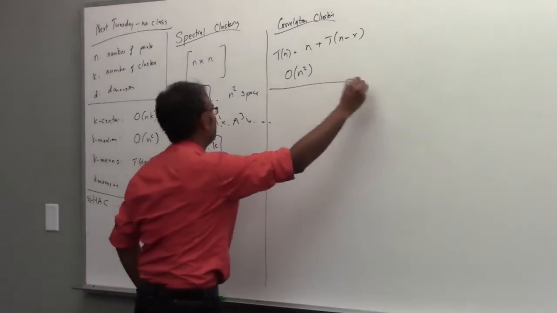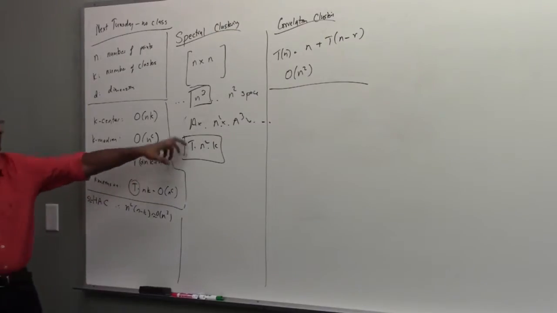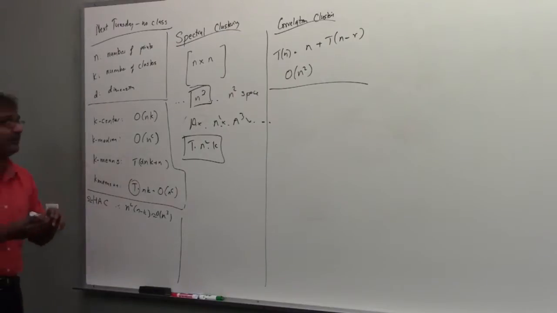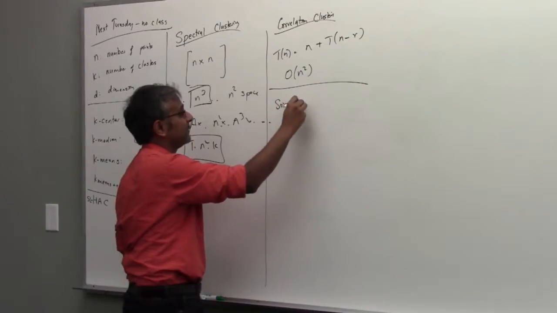In general, you're either paying some high polynomial in n, or you're paying linear in n per iteration with a large number of iterations. K-means is probably the only one that you can actually do pretty fast, which is nk. So from the point of view of efficiency, this is probably the best one you have at your disposal. All the other ones are more expensive, and they all involve some polynomial in n.